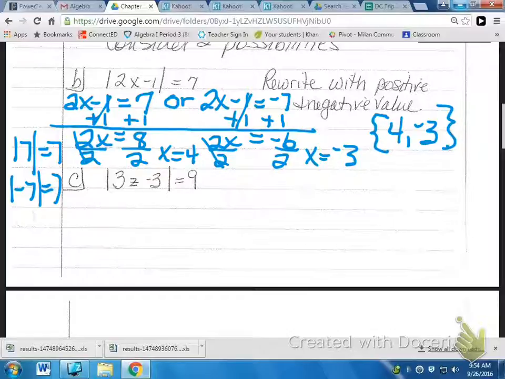So if we have absolute value of 3z minus 3 equaling 9, somebody want to try this one? Josh, what are you thinking? Okay, first you got to rewrite your equations.